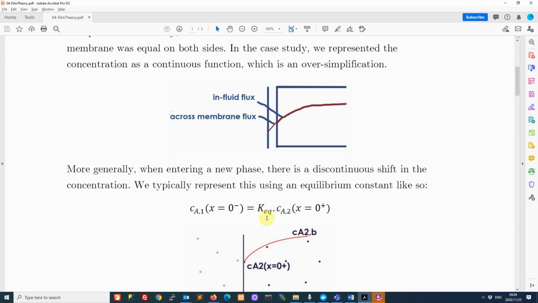Now, it's important to note here that these two quantities are still related. It's not the case that if your concentration changes in this liquid film, that won't impact the concentration in the gas phase. And it shouldn't, right? If the concentration here changes, then that's going to change the mass transfer flux, and it's going to change the local concentration that develops just next to that liquid film.